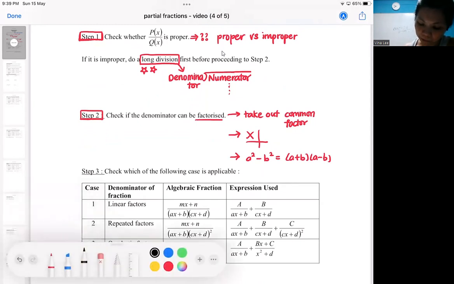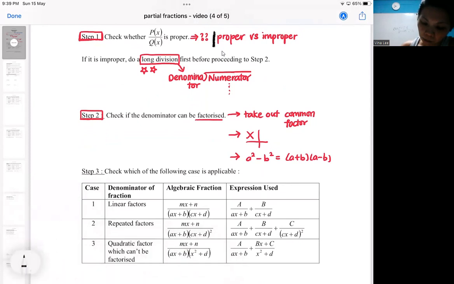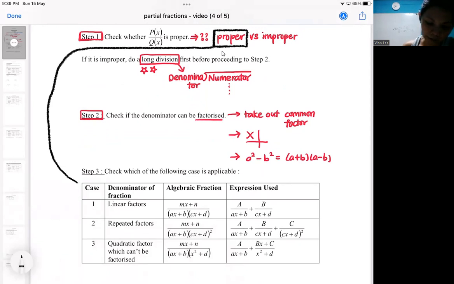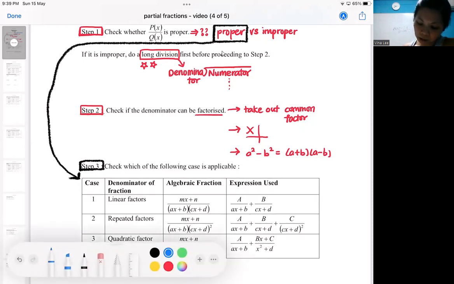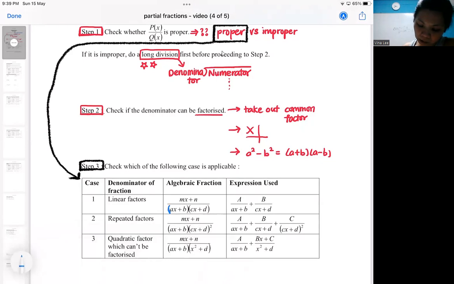You can only reduce a proper fraction into these three cases. So let's observe the three cases first. The first case, the denominators are linear functions.